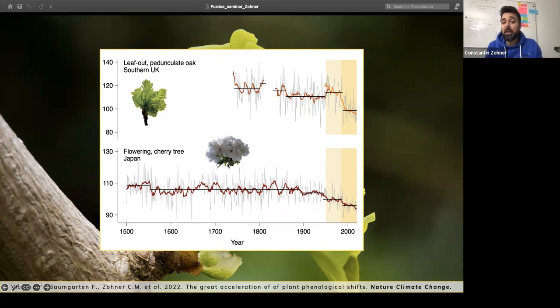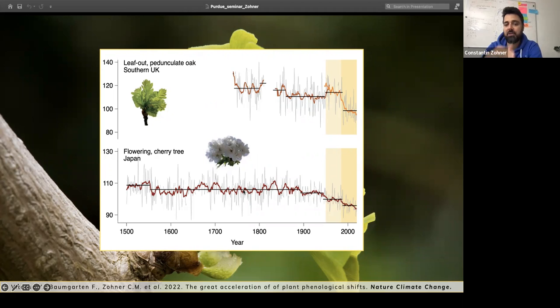And so the main question was a bit similar to what we also see with climate change. What people always argue is, well, the climate has been changing in the past and it will do so in the future. So climate change is not really a thing because it's always changing. And similar to climate change, what we see here is, no, that's not really true. At least if we look at a century to millennial timescale, we see that flowering has been rather stable.